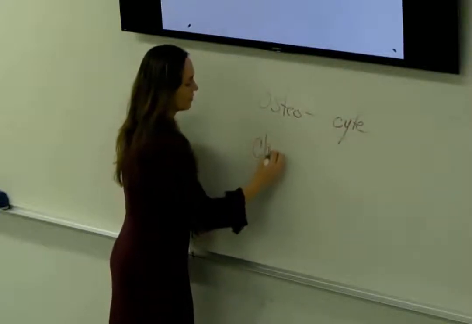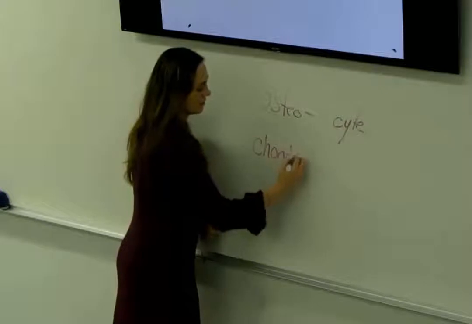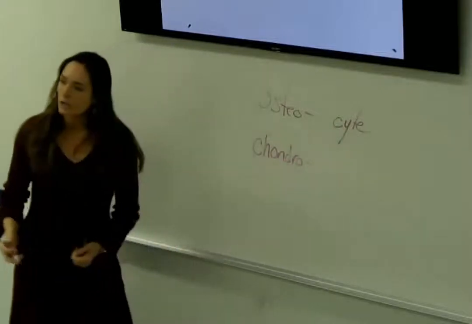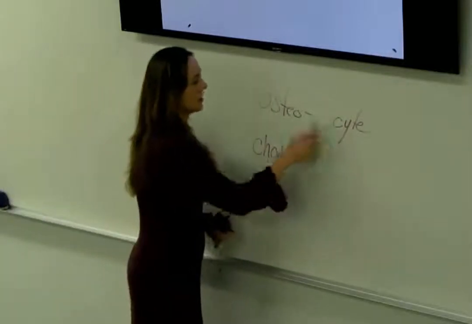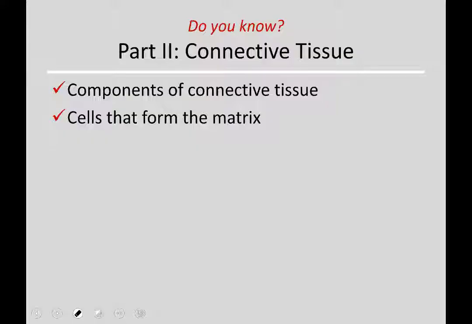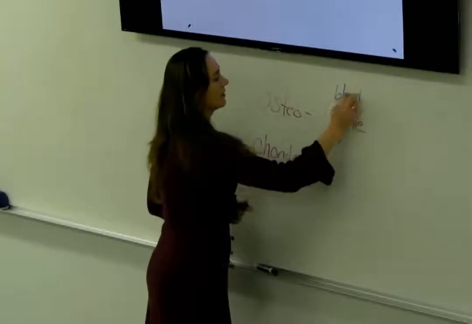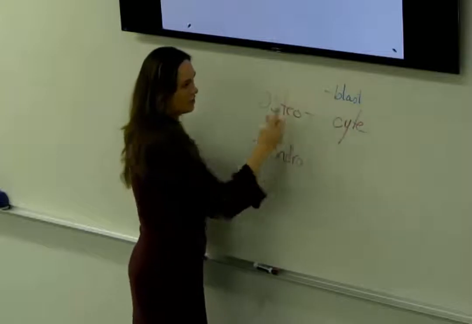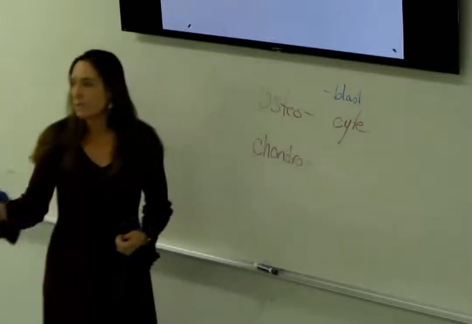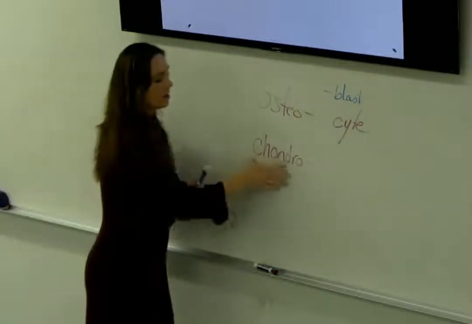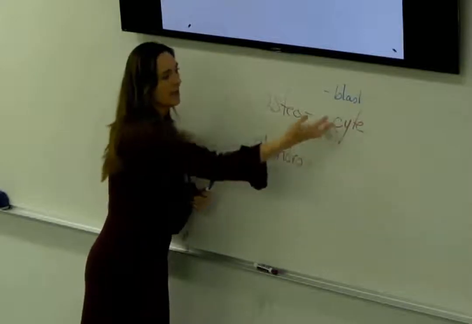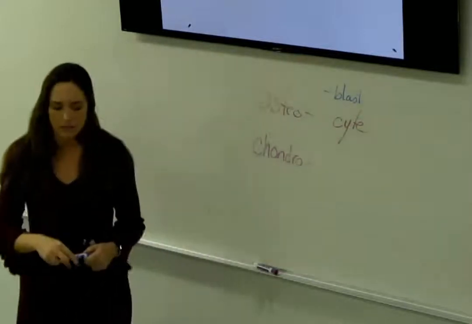You can have a chondrocyte, that would be cartilage. So a cartilage cell, a bone cell. The terminology that we're referring to here is if you have an osteoblast, it'll actually be one word, you're going to build bone. A chondroblast is the cell making cartilage.